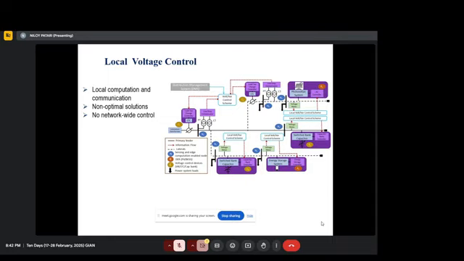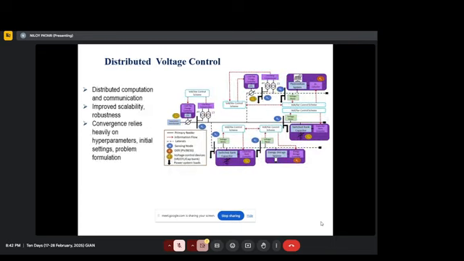You don't know if this is an optimal solution, optimal in the sense that it will incur the minimum cost to the utility, or minimum cost to the customer or whoever the owner is, right? So this gives non-optimal solutions.